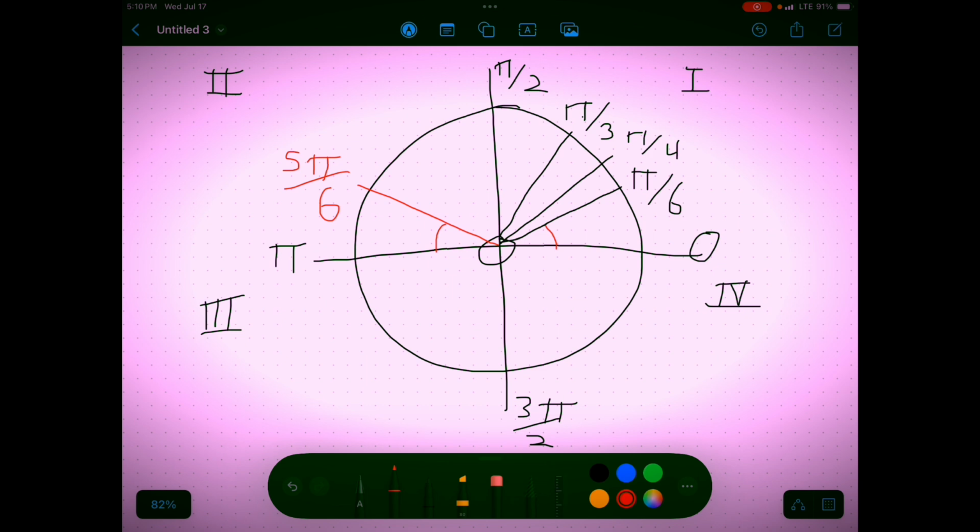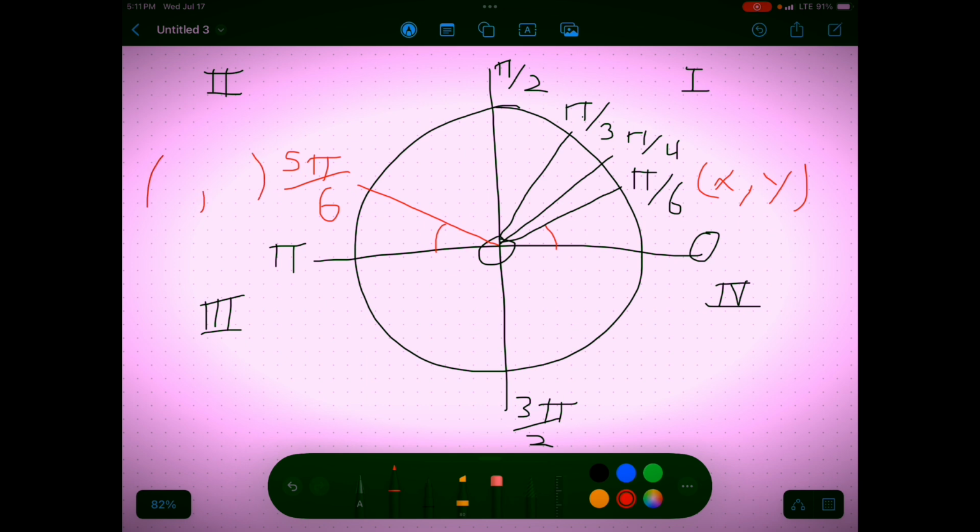The angle between 0 and pi over 6 is the same as the angle between pi and 5 pi over 6. The difference in radians is pi over 6. So whatever my x and y are, at pi over 6, I'm going to use the same things over here in my second quadrant.